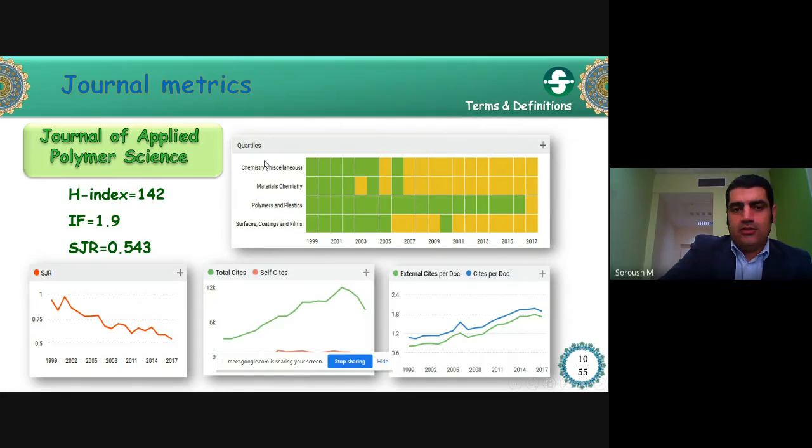And also the quartile changed in 2005 from green, which is the signature of Q1, to yellow, which is the signature of Q2. And also 4 rows can be found over 20 years, which means that this journal publishes works in 4 different fields. So if you work, for example, in the field of surfaces or coatings and films, you can publish your work in the Journal of Applied Polymer Science.